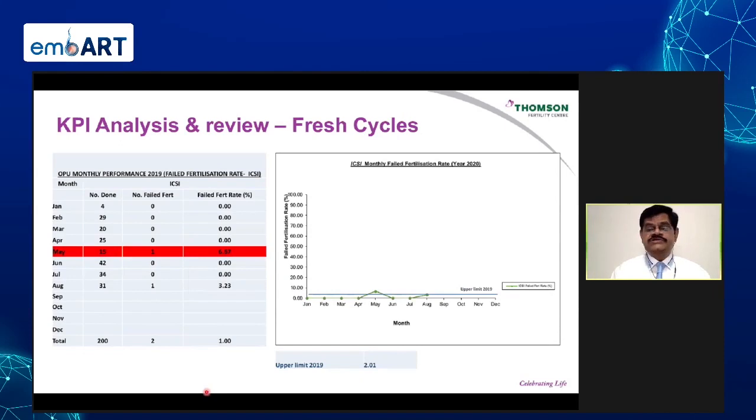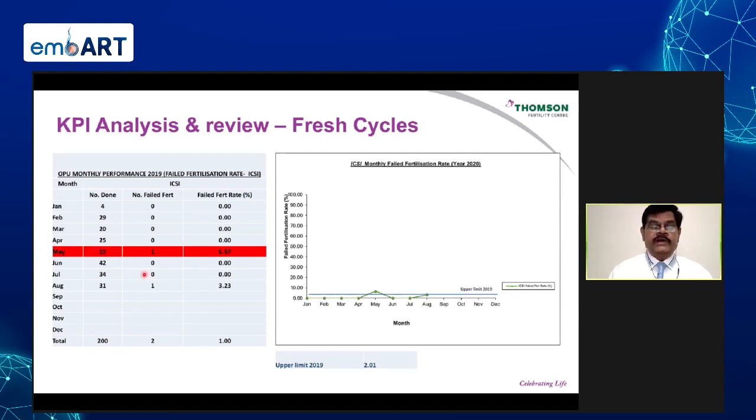So failed fertilization rate for ICSI in 2020, what happened? We had only 2 out of 200 cases, which is 1%, so doing very well. But what happened in May? I marked it as red. The failed fertilization rate in March has gone up, but if you look at it, it's only one case. So what is the denominator? Number done, 15.